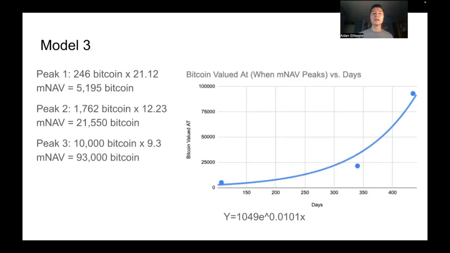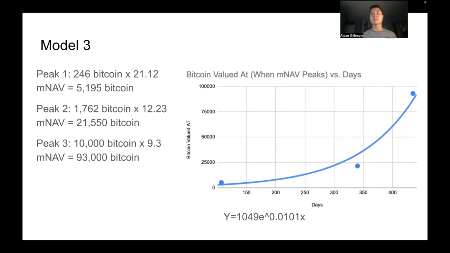So for model 3, we're essentially going to take a look at what Metaplanet's Bitcoin has been valued at when their MNAV peaks, and we'll compare that over time since the days that they adopted Bitcoin.